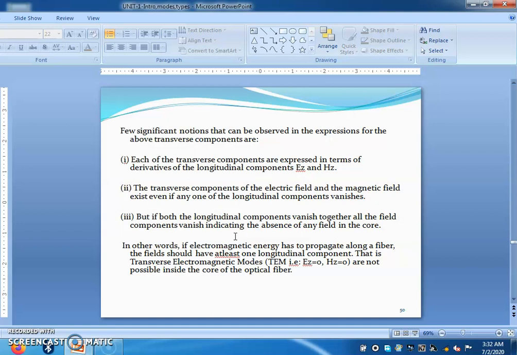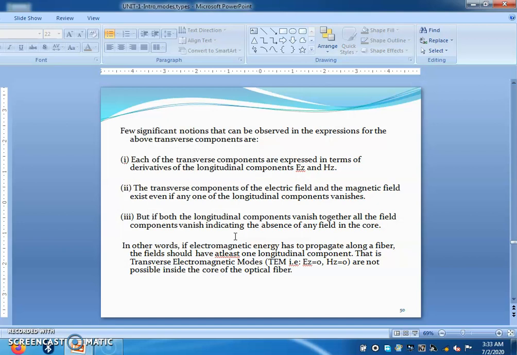That is, if Ez or Hz is equal to 0, the remaining four components will still exist. But if both the longitudinal components, Ez and Hz, are equal to 0, all the components vanish, indicating the absence of any field inside the core.